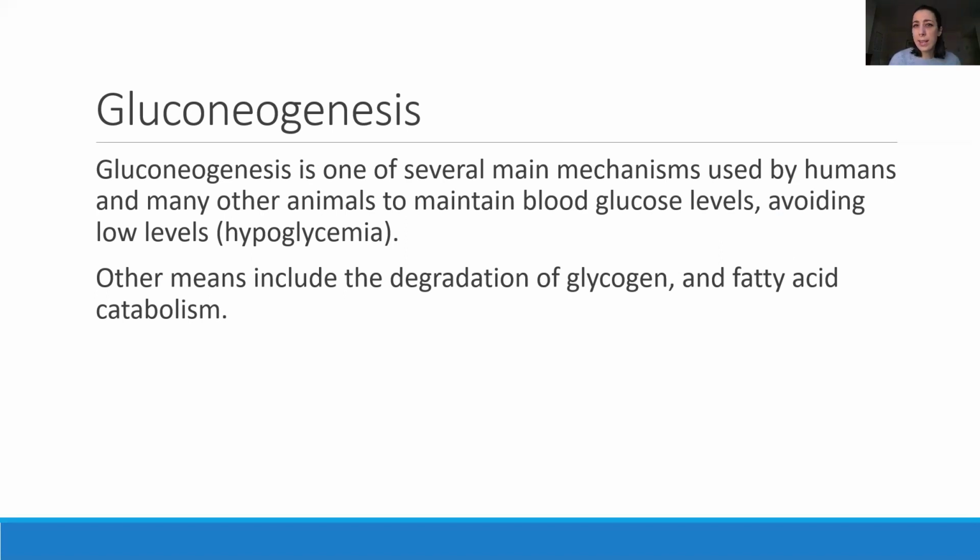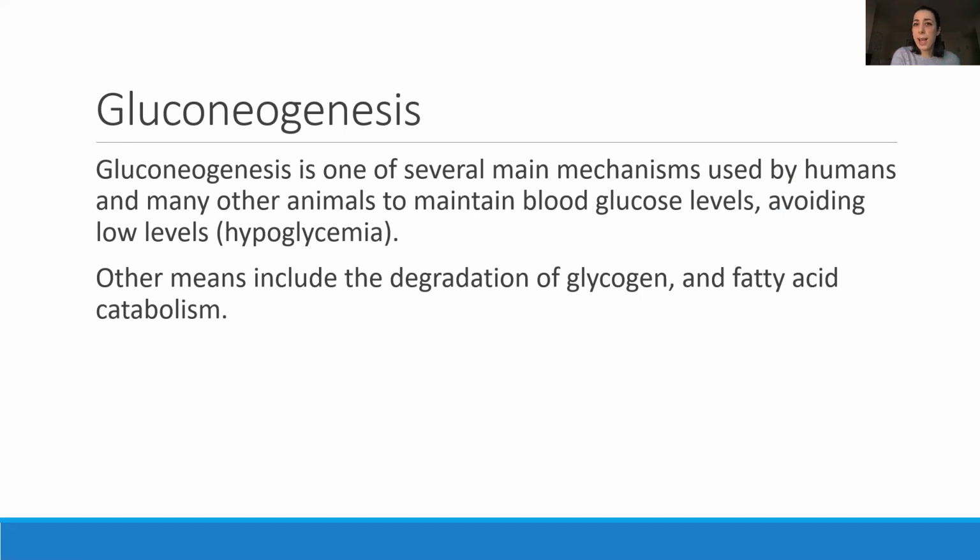Our circulating levels of glucose are very important because glucose is used as energy, but it is also used to signal to other cells and tissues in our body whether we are low or high on energy in general. So it's a signaling molecule, and it is also an actual energy molecule.